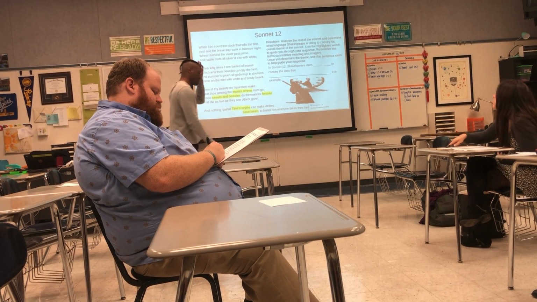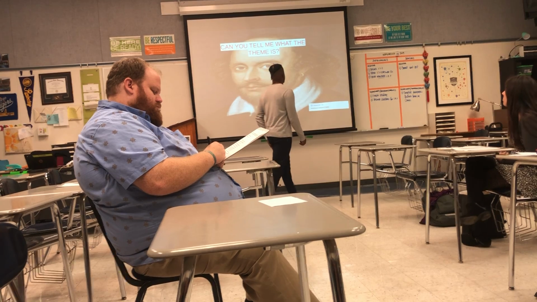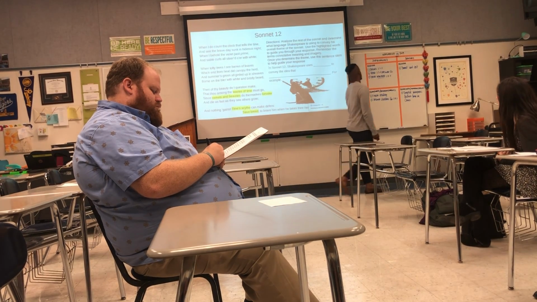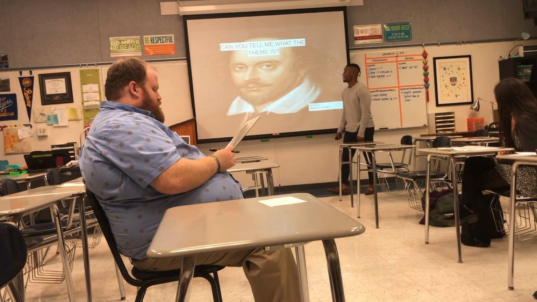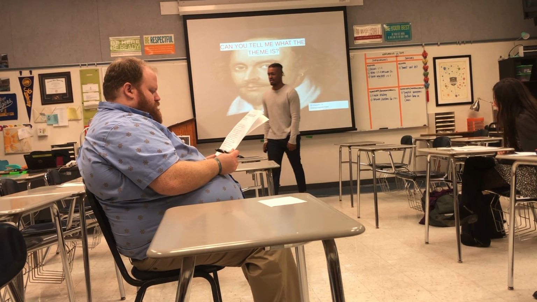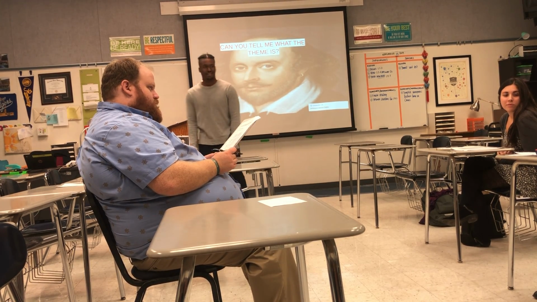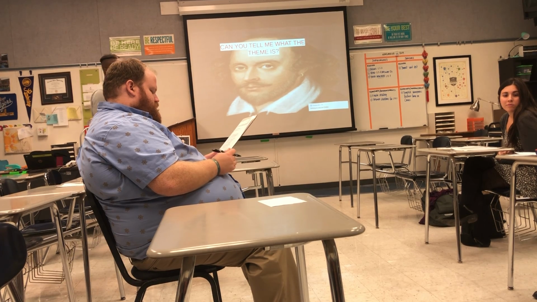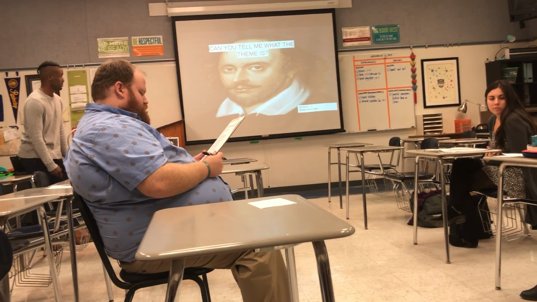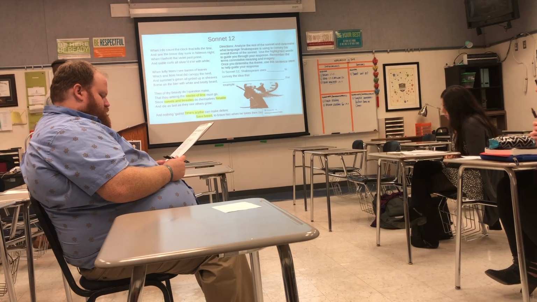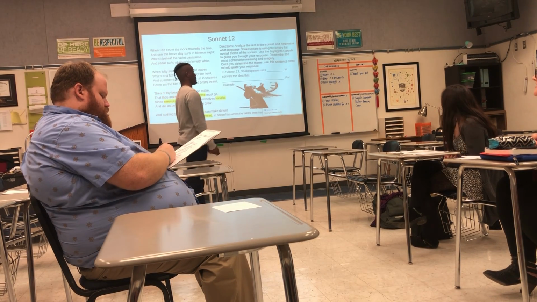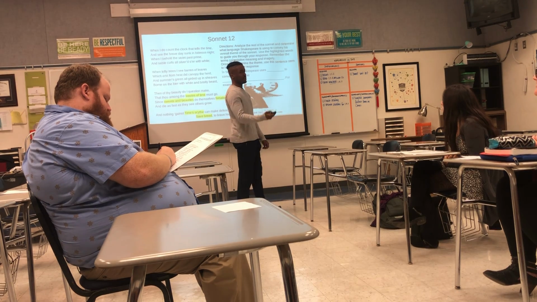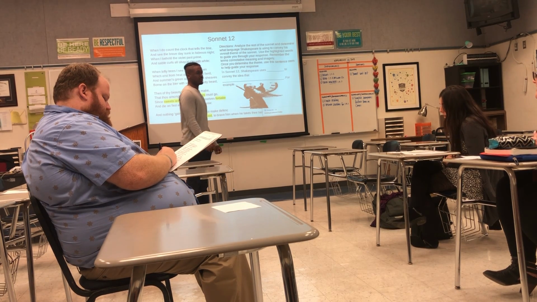All right, let's bring it together. Can you tell me what the theme is using this sentence stem? Let's have Jessica. In Sonnet 12, Shakespeare uses imagery to convey the idea that beauty doesn't lack. Yes, that's good. I like that answer. How about you?